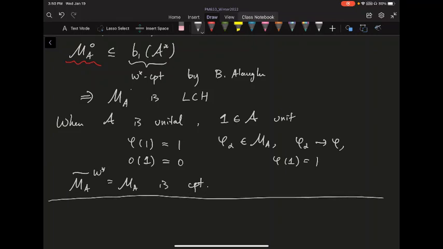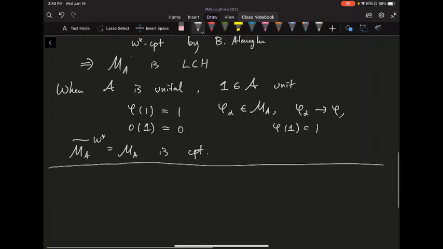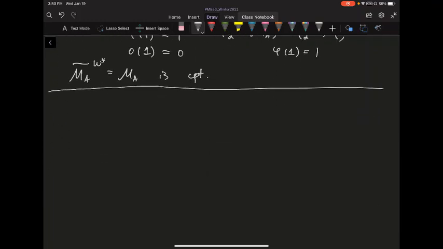So basically, the idea is now we have a topology on the maximal ideal space. And one goal of the basic theory of the commutative Banach algebra is this big theorem called the Gelfand transform. So essentially, it's saying, suppose now I have this MA, which is locally compact.